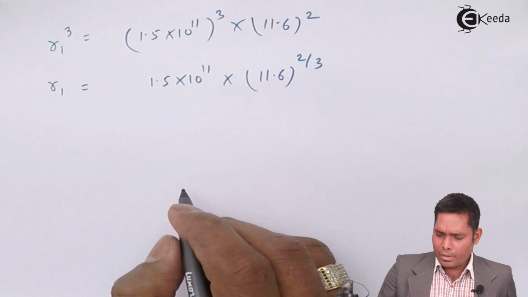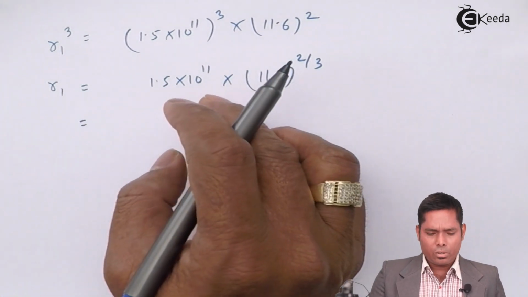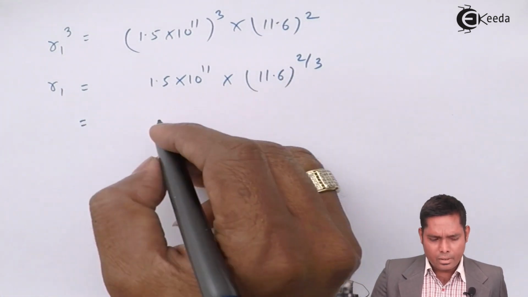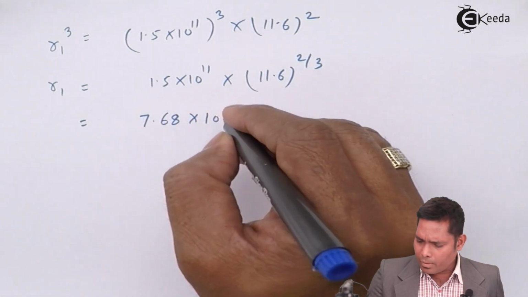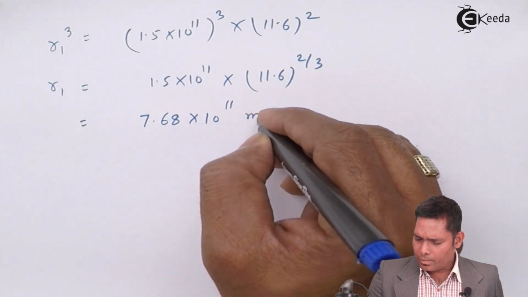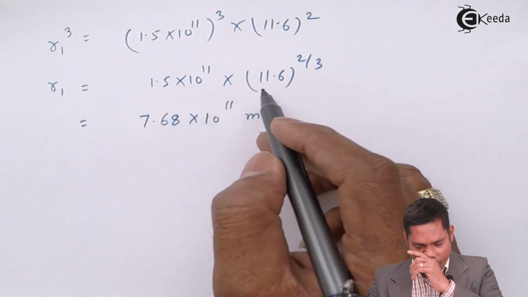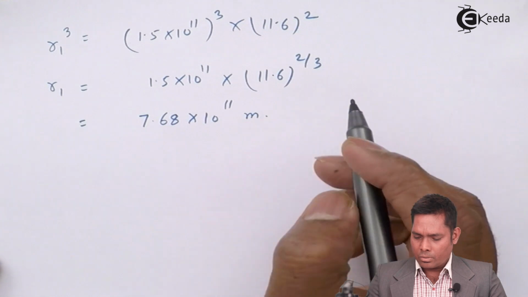If you solve that, this is the calculation part, you will get approximately 7.68 × 10^11 meter. This part you can calculate on your own. So this is the answer to this question.